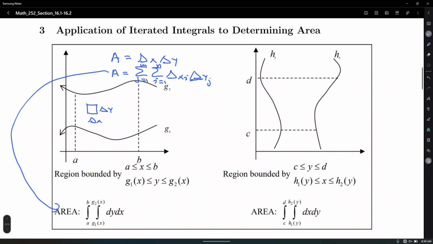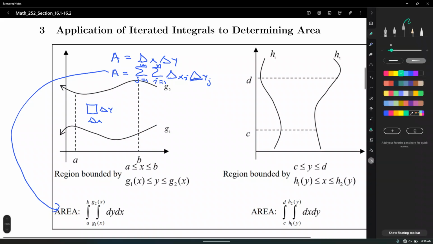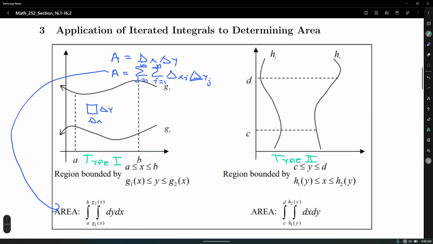That's going to depend on the setting we're working in, because here we're going to describe two types of regions. Let's label this type 1 region versus type 2 region. How do we distinguish a type 1 region from a type 2 region? By the way, regions can be both type 1 and type 2.